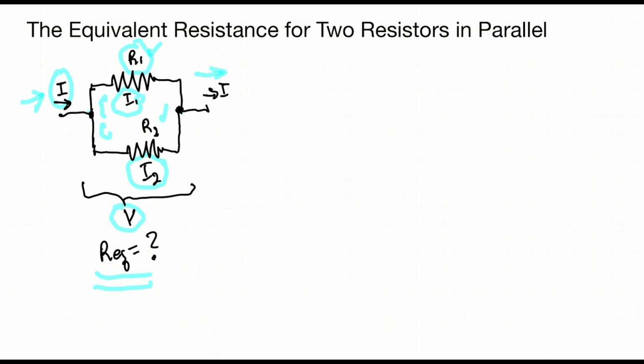One thing we do know for sure is we can use Ohm's law. I've got a video on that if you need to brush up on Ohm's law. We know that V, the voltage across both of the resistors, is just I1 R1.